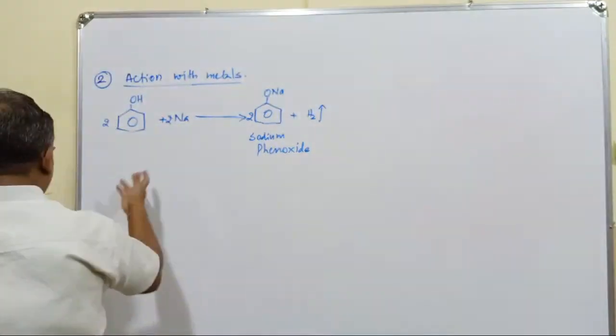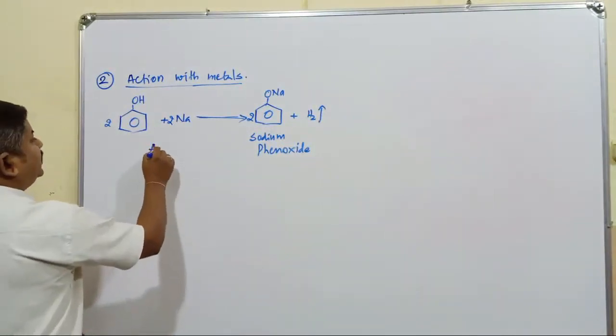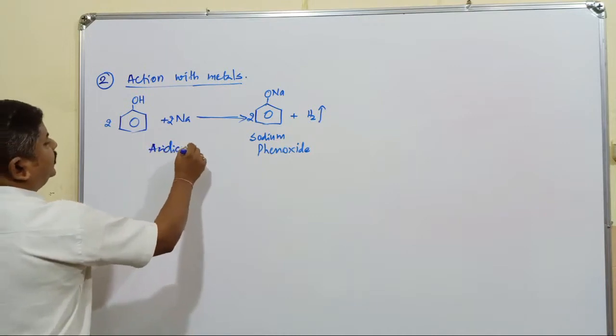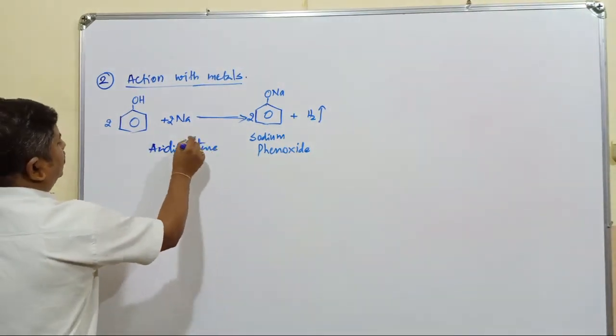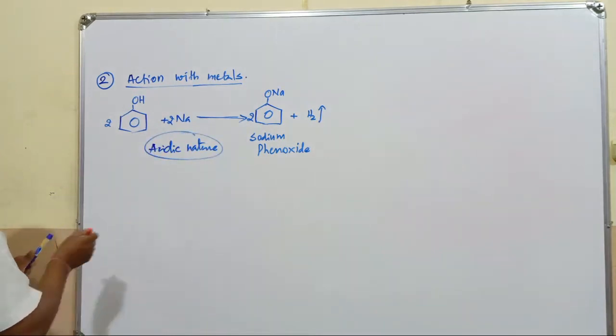So when phenol reacts with any active metal, it forms sodium phenoxide and liberates hydrogen gas. So this reaction also indicates the acidic nature of phenol. This property is because of the acidic nature of phenolic compounds.